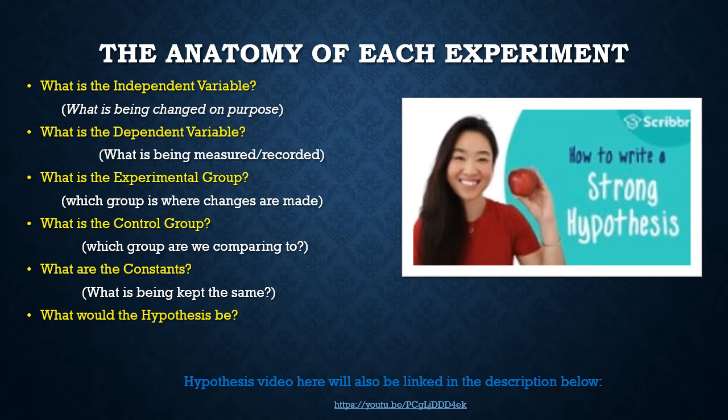And then of course, what would the hypothesis be? We're going to talk about this, and I'm going to save that part for last because it does tend to get tricky, and that's why I wanted you to watch this video about how to write a strong hypothesis first. But essentially, the video here shows three different styles. The style I'm going to use is actually a merging, a blending of all three styles that are put forward in the video.